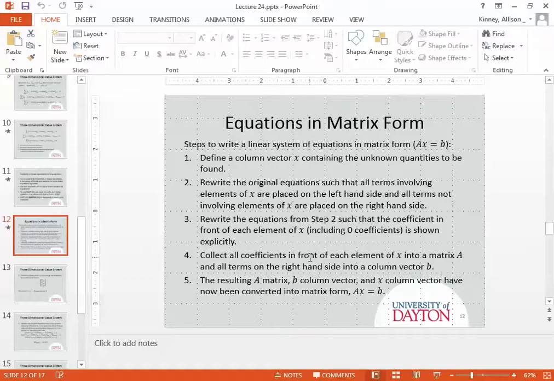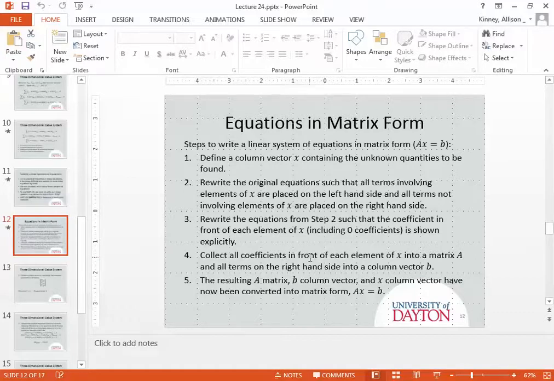Then we wrote our equations in matrix form. We went through a couple of steps to figure out how to write those equations and pull out the coefficients, and we were eventually able to make our A matrix. So our A matrix has what information in it? How would you define what the A matrix is?